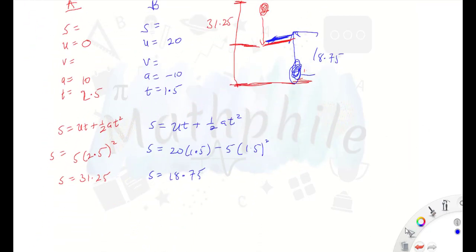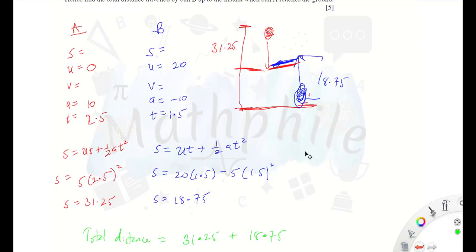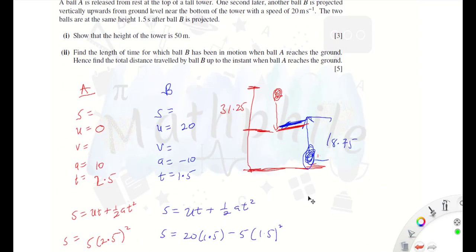So the total distance is equal to 31.25 plus 18.75, and I don't need to calculate this because the question tells me I should get 50. So that is this question.